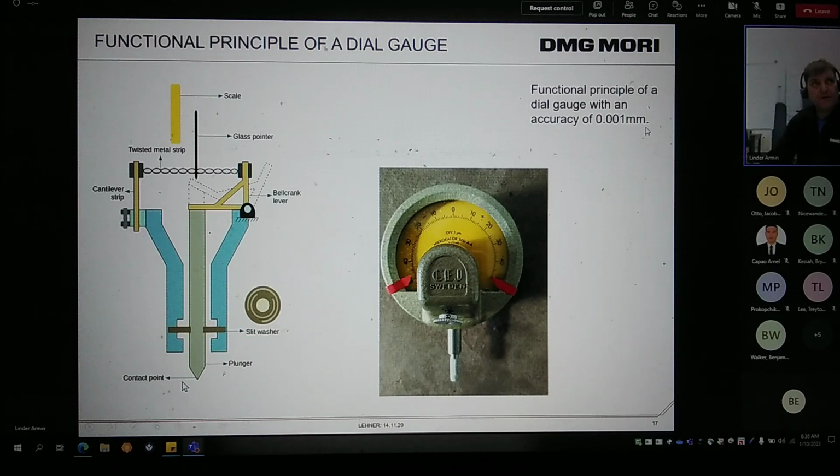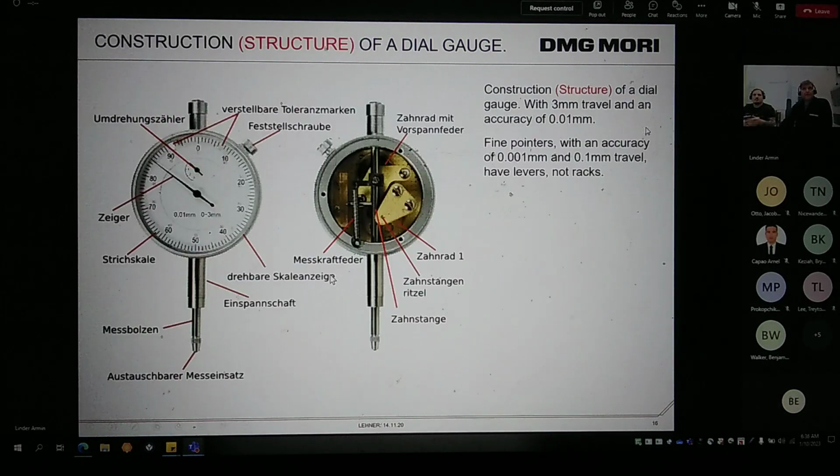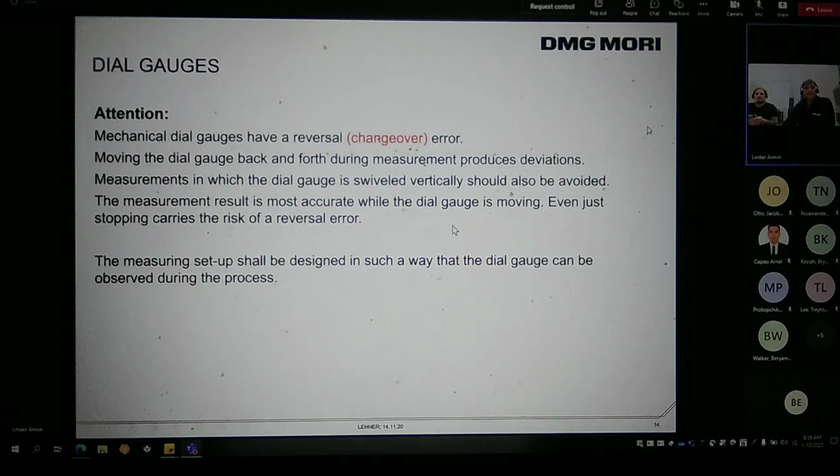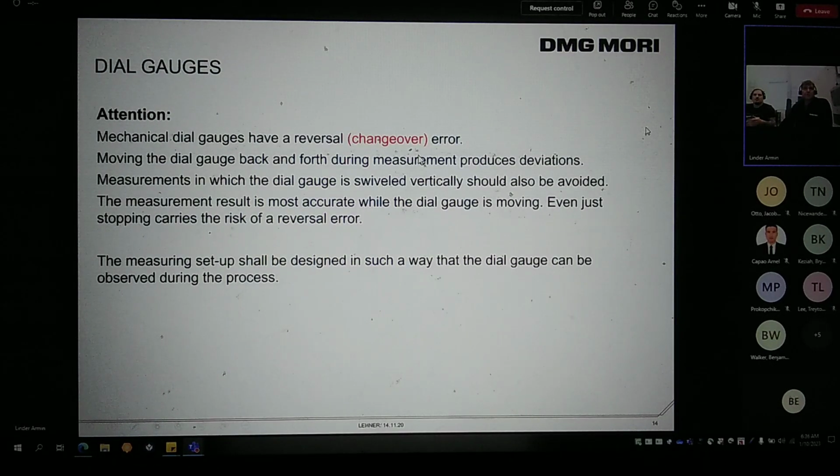But those dial gauges also have a changeover error, though it is very small. I think sometimes it's 2 microns, around 2 microns of changeover on those dial gauges.